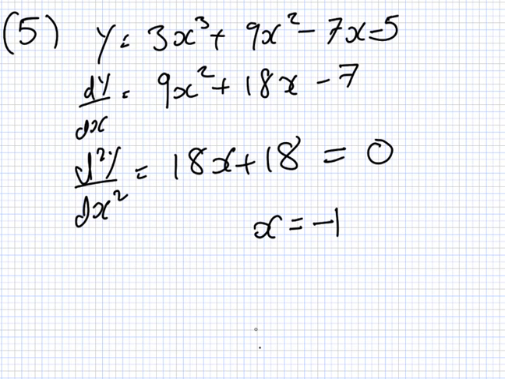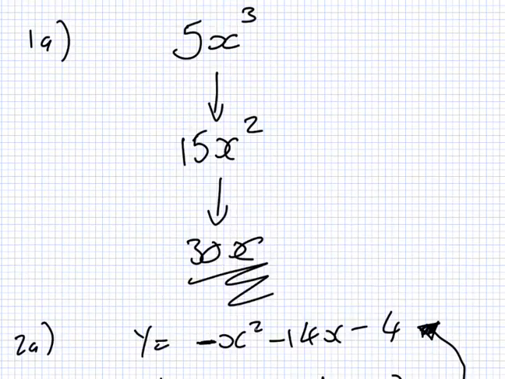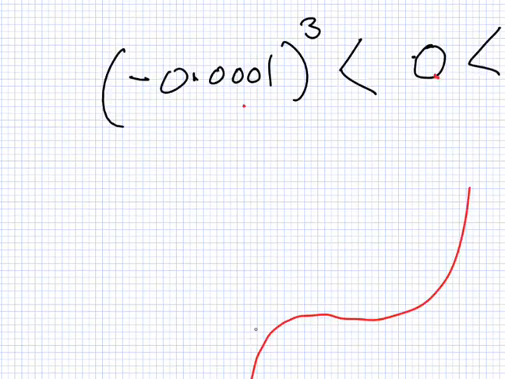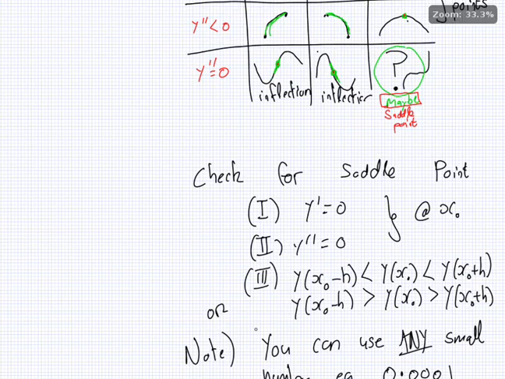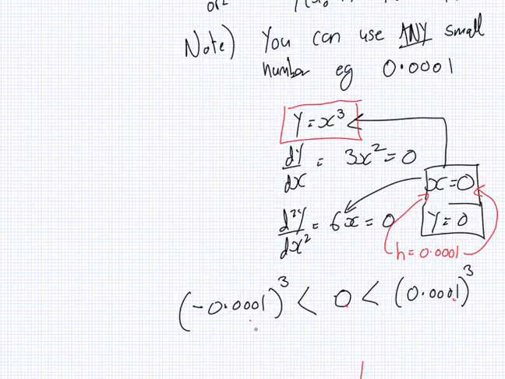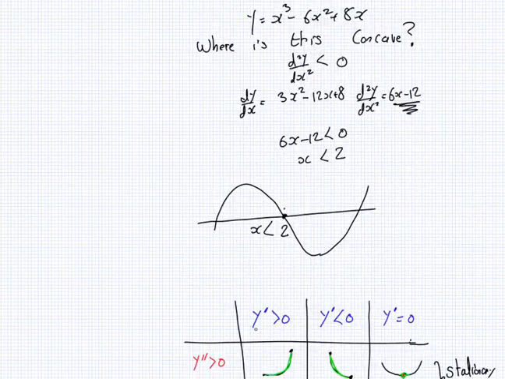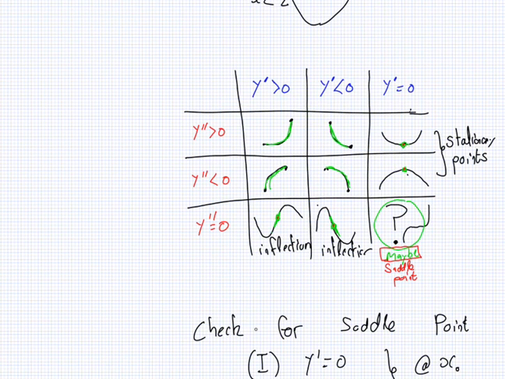This is not finished though. It's not finished because if we go back to our table, the one I drew earlier, there are two situations where you get an inflection point.